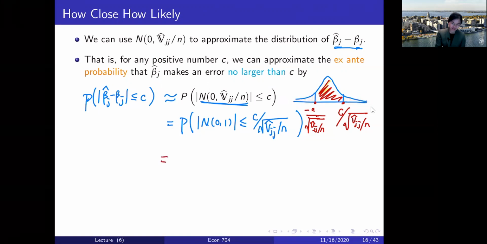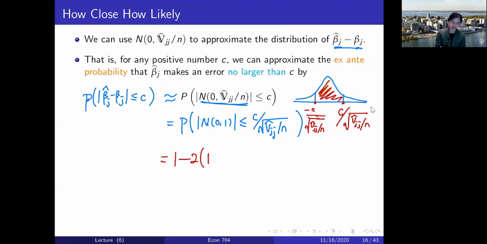In other words, that equals 1 minus the 2 tail probabilities, but because of the symmetry of the standard normal distribution, the 2 tail probability equals 2 times 1 tail probability. So that should be 2 times the probability that the standard normal is beyond this point. But the probability that the standard normal is beyond this point equals 1 minus the probability that it's not beyond this point.